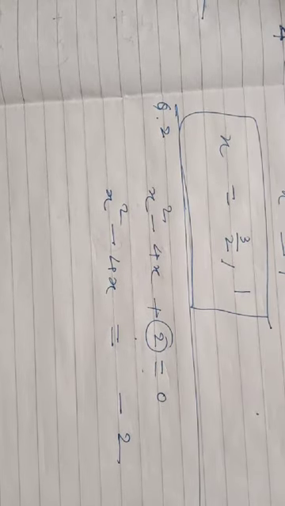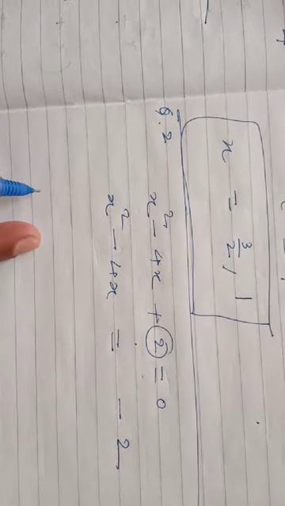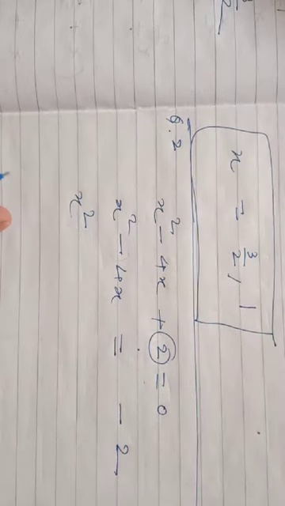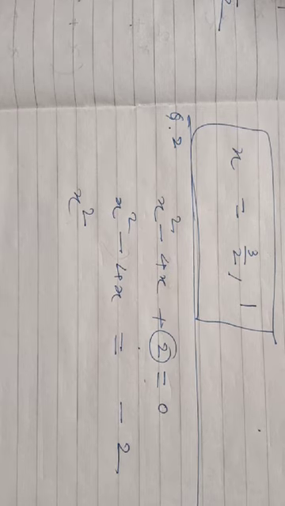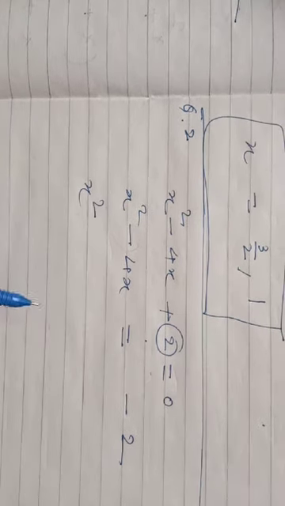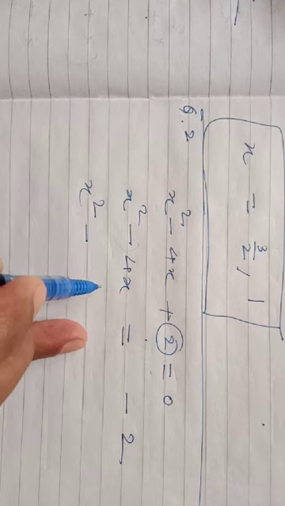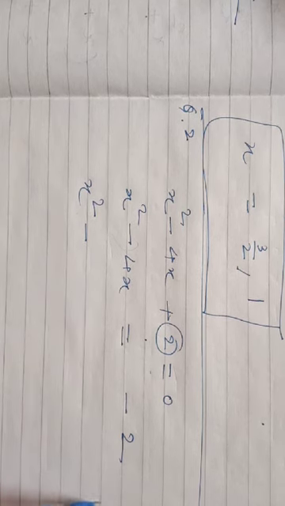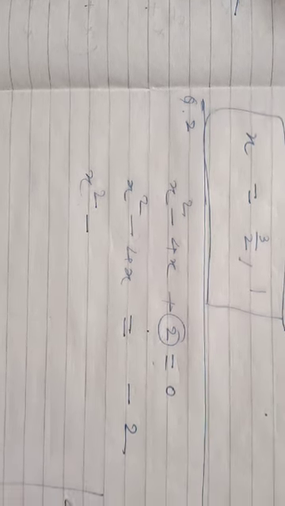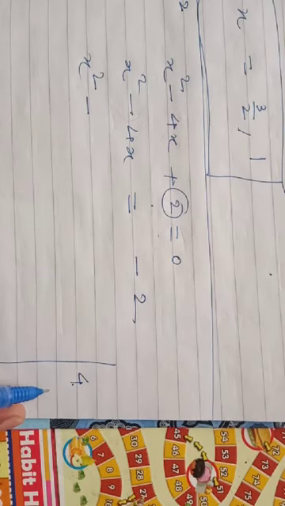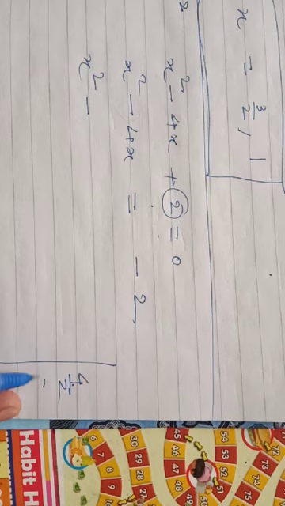Clear? So now the step is here. The coefficient of x square is already unit, so no need to make it unit. Now observe the coefficient of x. The coefficient of x is here 4, and half of 4 will be 2.